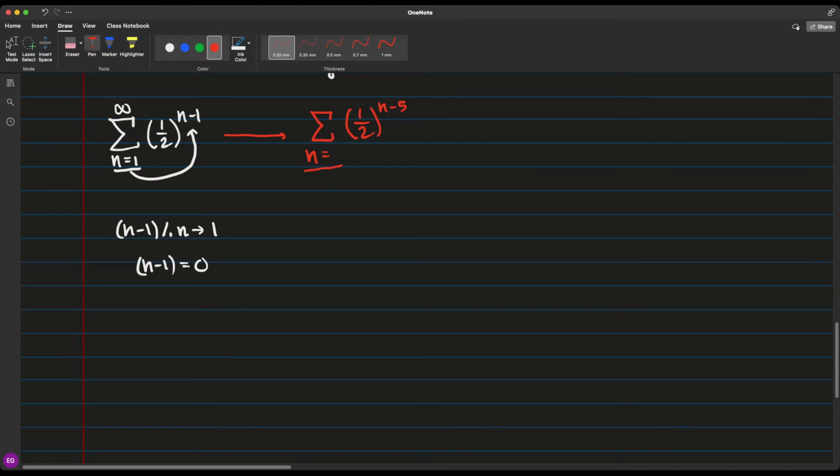Whatever you're plugging into n needs to set n minus 5 to 0. So what does n have to be? When you plug in your starting number, it needs to make n minus 5 equal 0, because when you plugged in n equals 1, n minus 1 was 0. You need n minus 5 to be equal to 0, so n would start at 5.